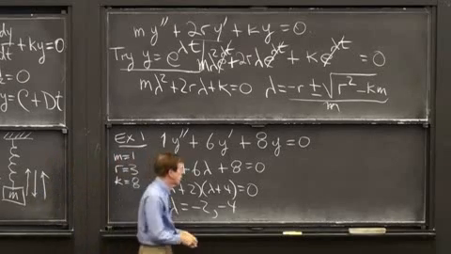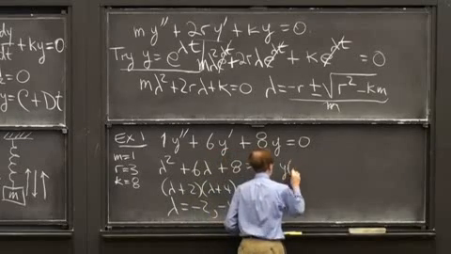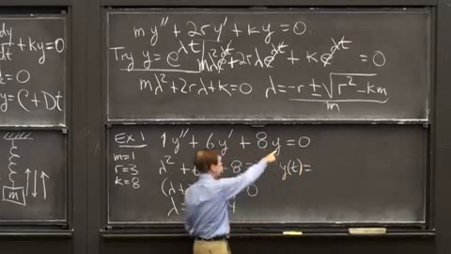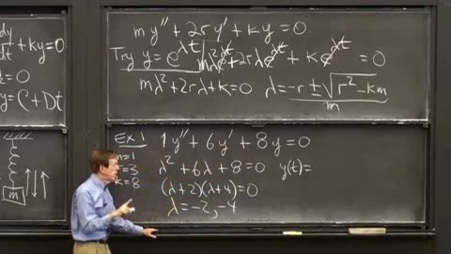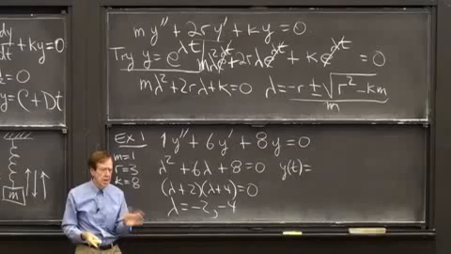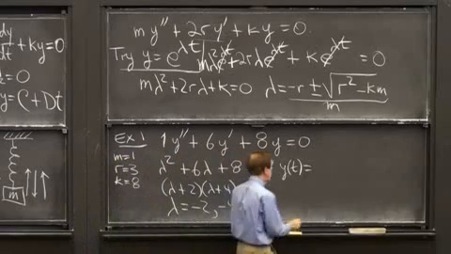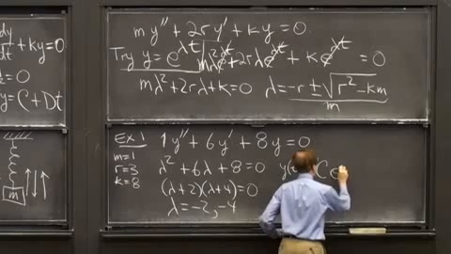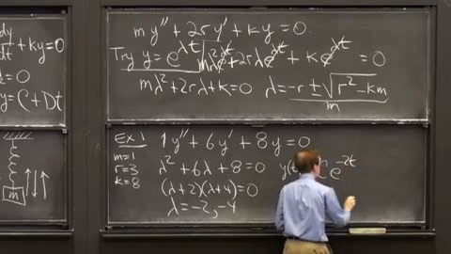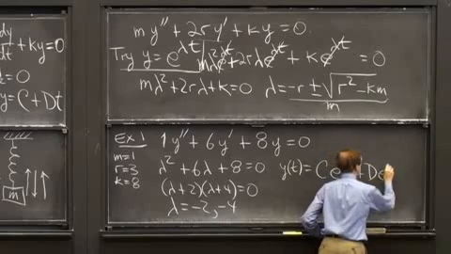So what's the solution? y of t, the solution to that equation, the general solution with a constant c and a constant d, is c e to the minus 2t plus d e to the minus 4t.